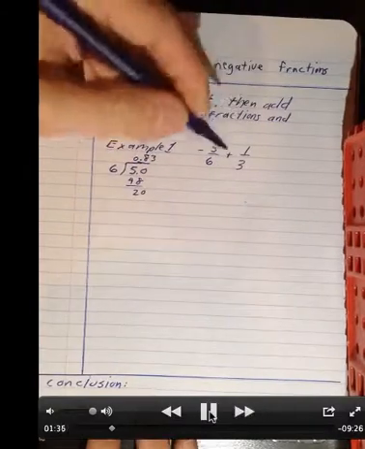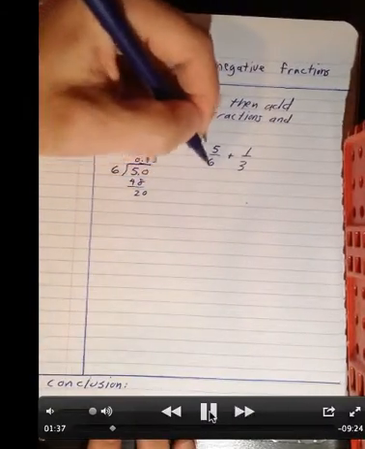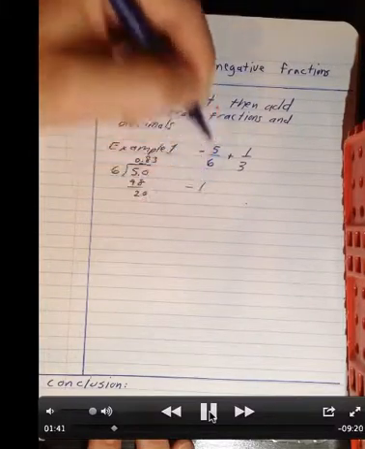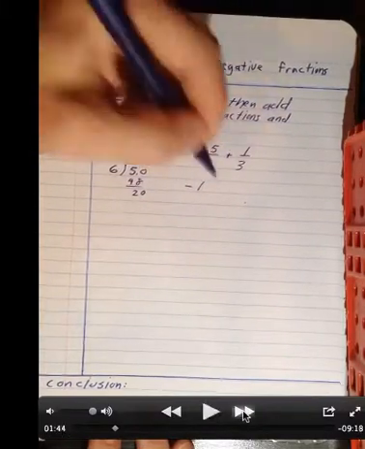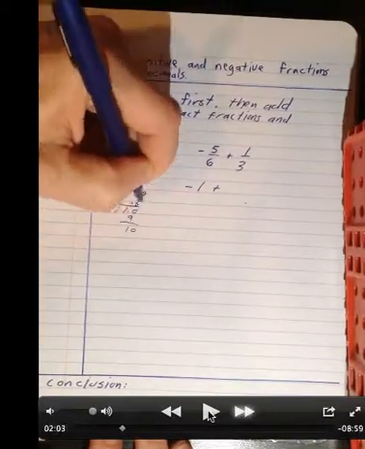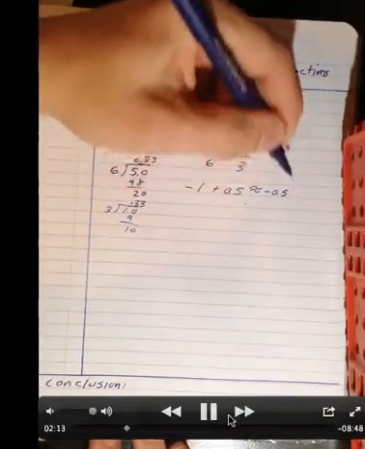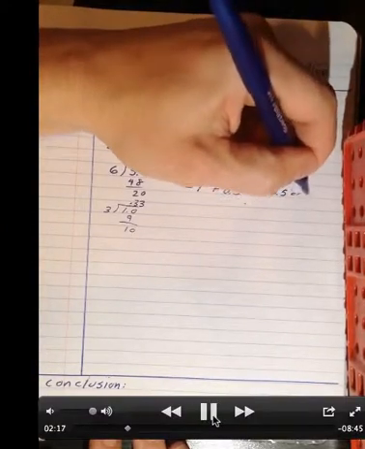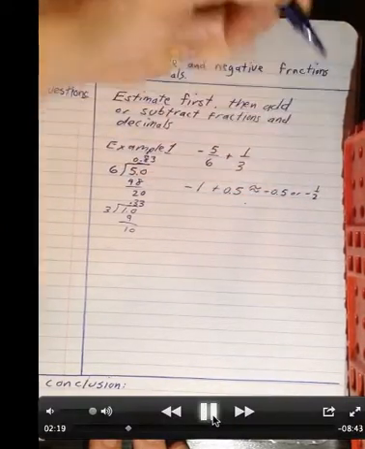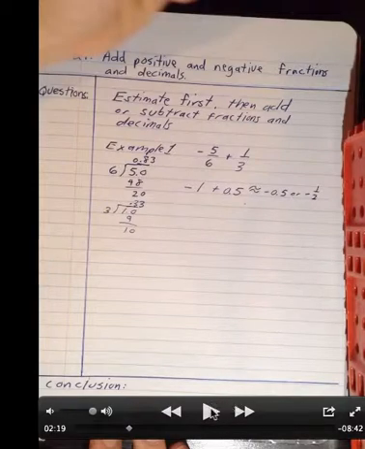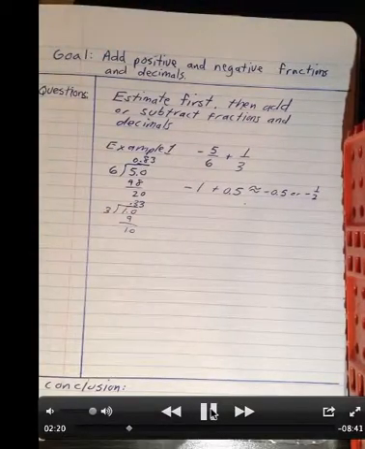It's 0.83, and that is closer to 1 than it is to 50 cents. We do 1 divided by 3. That is closer to 50 cents than it is to 0. So our estimate is negative 1 plus a half is negative 1/2. That's what we are going to expect our answer to be.